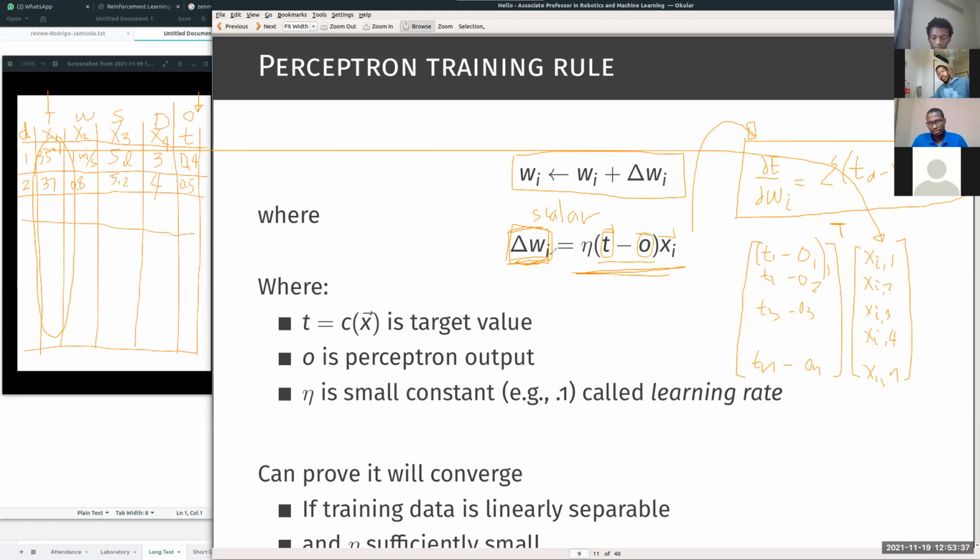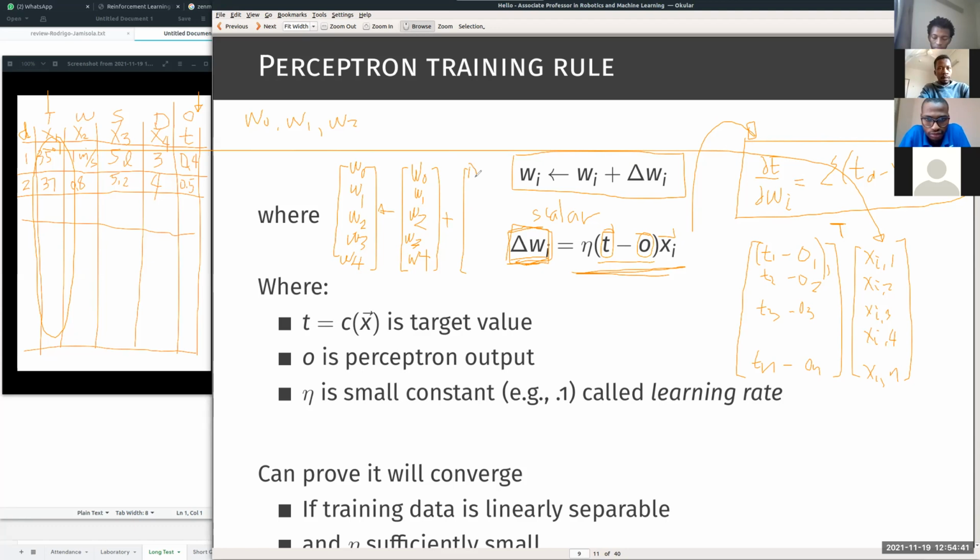For every delta of Wi, if you take the first W, you have W0, W1, W2, and so on up to W4, because there are only 4 inputs, updated from the initial value of the weights such that your W plus your delta W is this one, delta Wi.